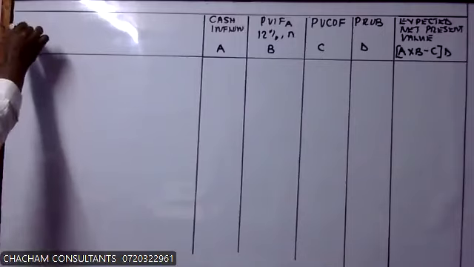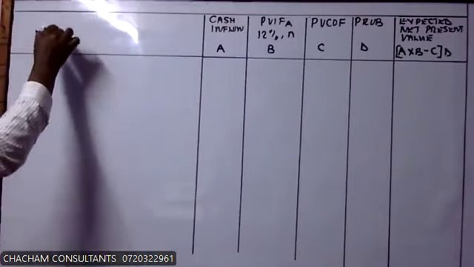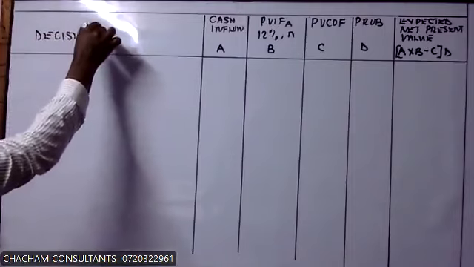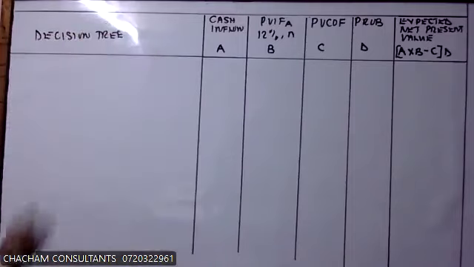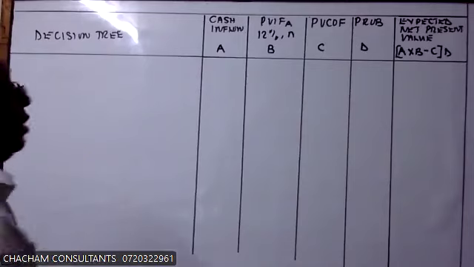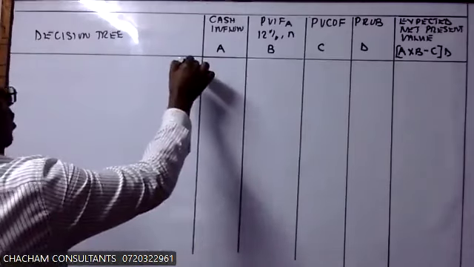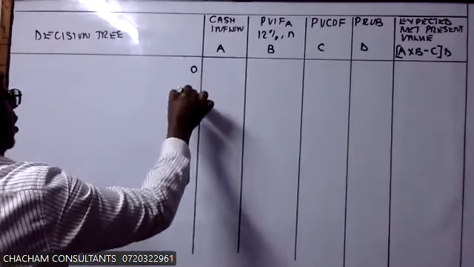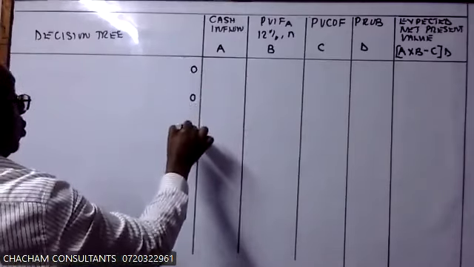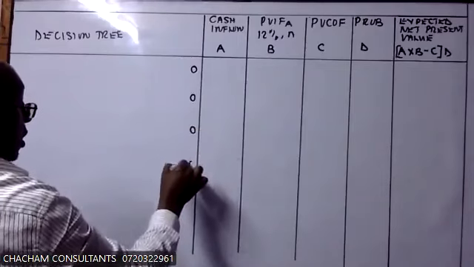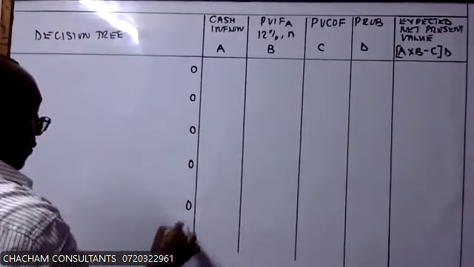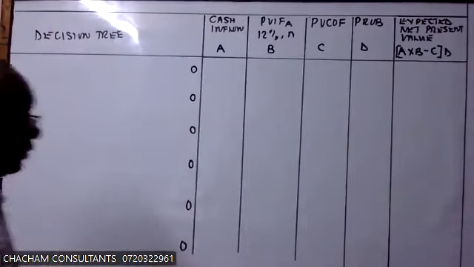Sasa hapa ndio nitaachiwa kuchora the decision tree. Now, I also already know that I need 6 tails. So if I need 6 tails, I will say 1, 2, 3, 4, 5, and 6.